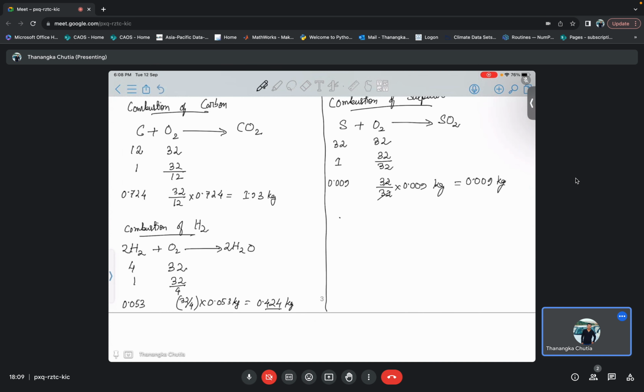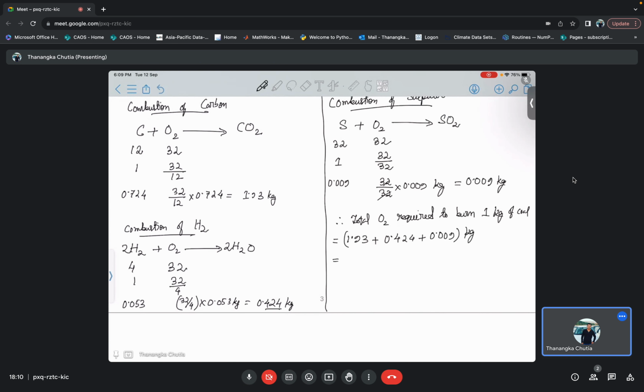So therefore, total oxygen required to burn 1 kg of coal is equal to what? 1.93 plus 0.424, plus 0.009 kg.